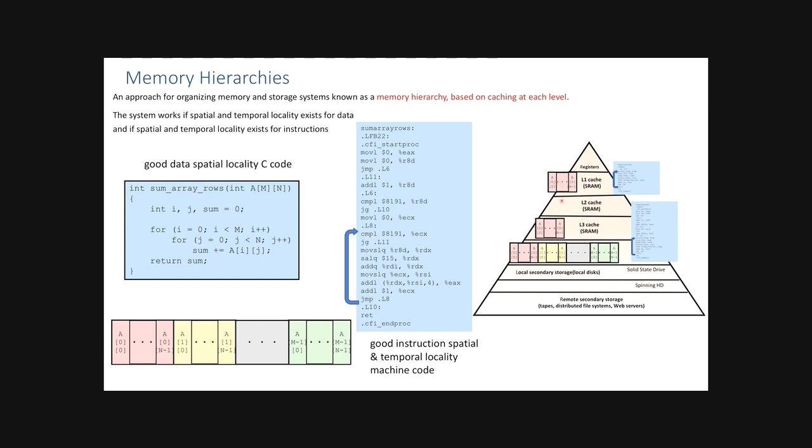And then as we get to the next row, we're going to have to read that from main memory, and it's going to move up into the other portions of cache. And then we're going to be able to read through that way up here in level 1, so it'll be faster to access it. So this is the way that our system is able to take advantage of the cache.